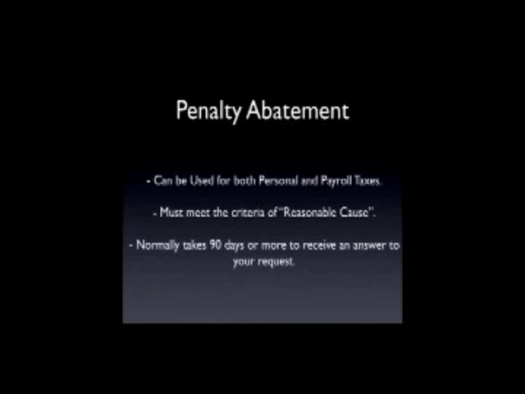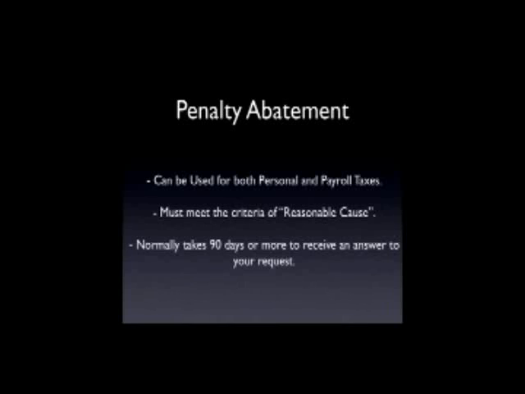Now, what I would suggest is that you write out a narrative explaining why exactly you feel that you have reasonable cause, and couch it in terms of that ordinary business care and prudence standard. So there was a hurricane, for example, and therefore I was unable to file and pay my taxes because all of my business records were lost when my house was destroyed. That's a pretty good reasonable cause explanation.